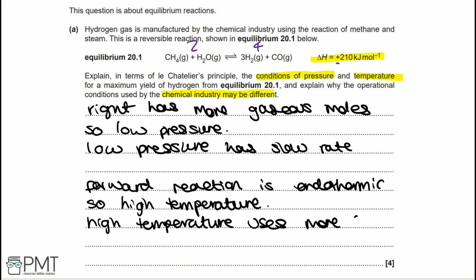So that would be our reason why chemical industries might not have a high temperature, because it's not very efficient or fuel efficient. To get the 4 marks for this question, we need to explain the conditions of pressure and temperature. You get 3 marks for that, and then 1 mark for talking about the chemical industry.